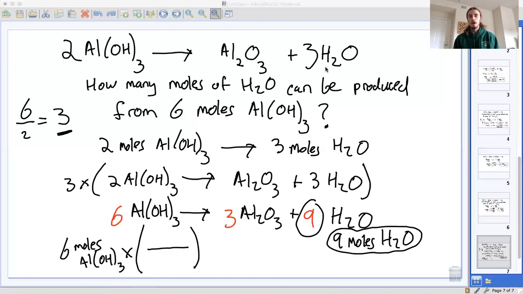The coefficient of water, and we're looking at the original balanced equation now, not this modified one, is 3, and the coefficient for aluminum hydroxide is 2. So we're going to end up multiplying by 3 over 2. 3 over 2 times 6 is going to get me 9 moles of water. Same answer, right?